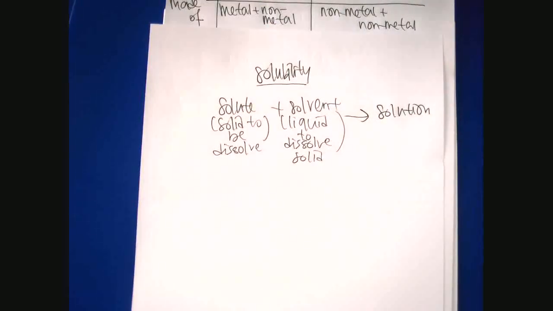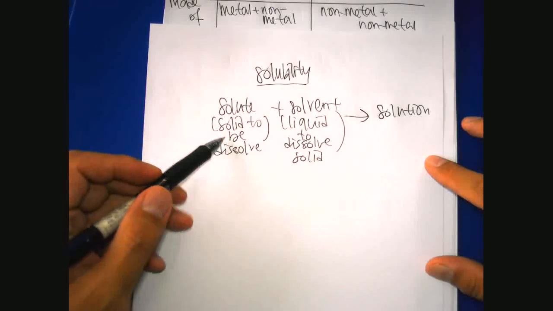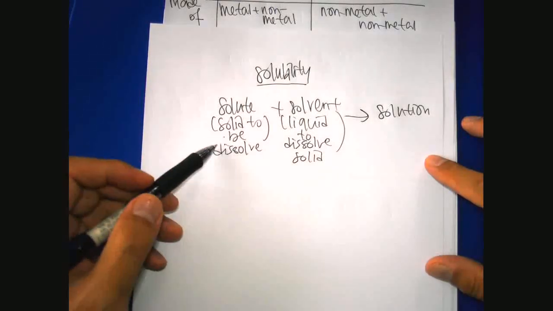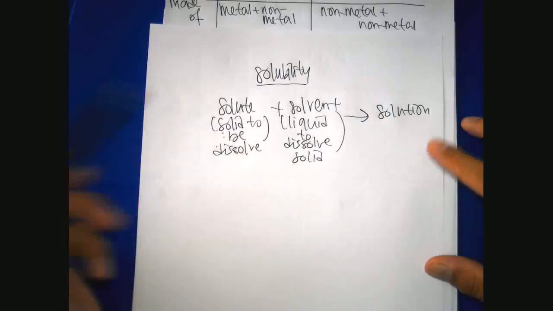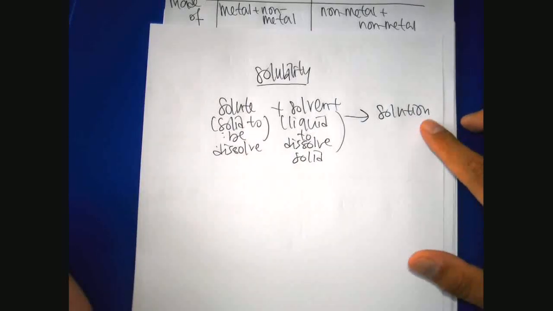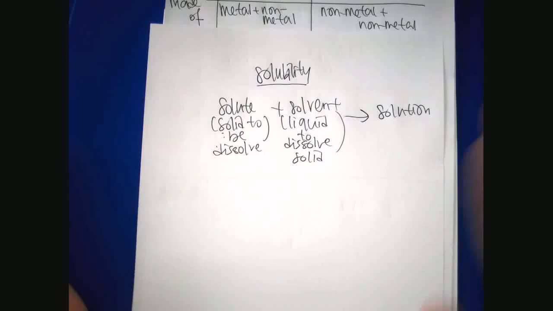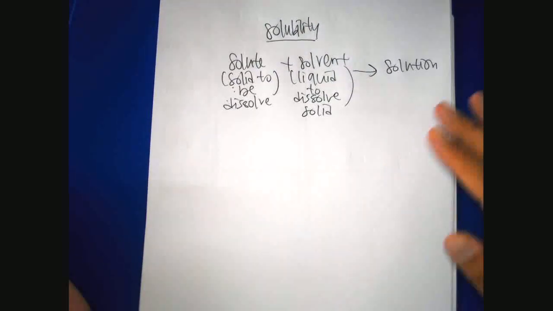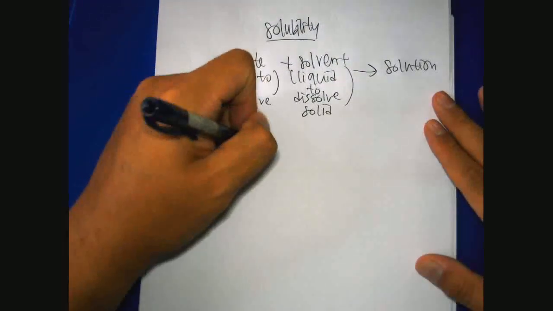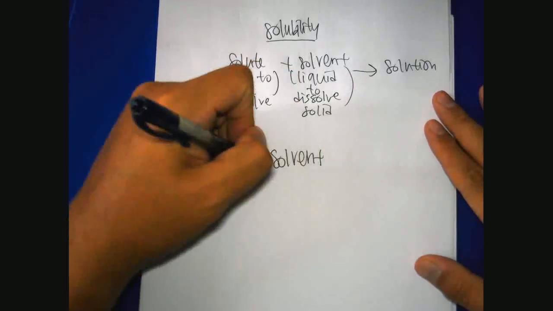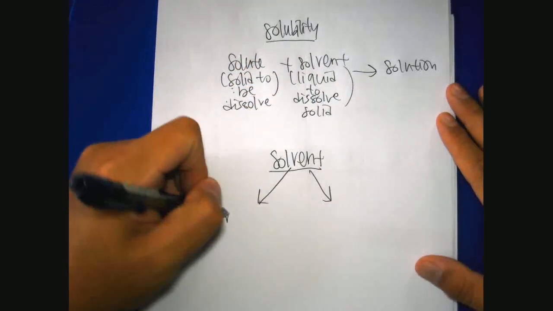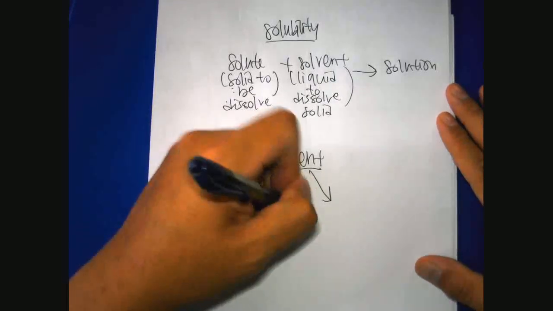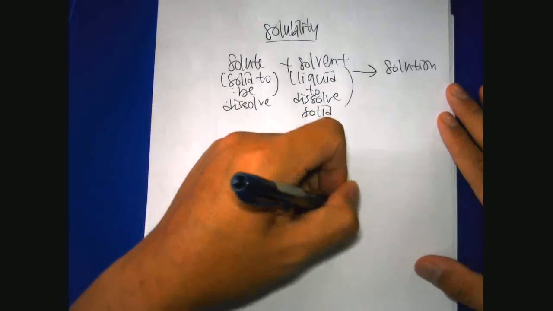A simple example, we can take solid salt. You add in some water, the water is the solvent of the solid salt, and you get a liquid salt solution. So that's what we need to know. In general, we have so many solvents out there, but for your information, solvents can be classified into two big families. The first one is water, the second one is organic solvent.